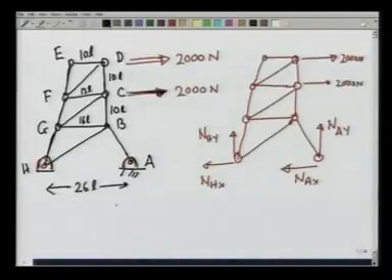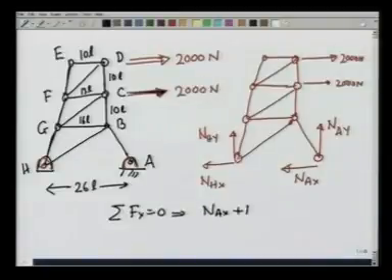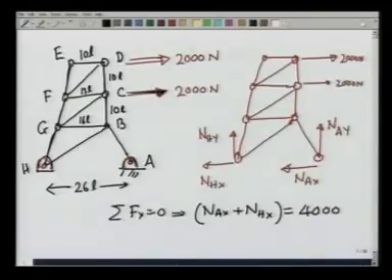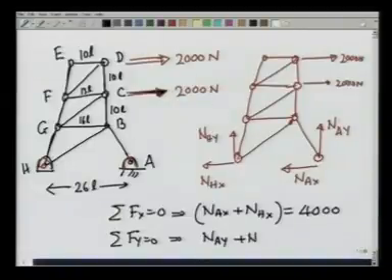Then the condition summation Fx equals 0 gives me NAX plus NHX equals 4000. Notice that I cannot determine from this equation NAX or NHX separately. Summation Fy equals 0 gives me NAY plus NHY equals 0. That means NAY and NHY are going to be opposite.